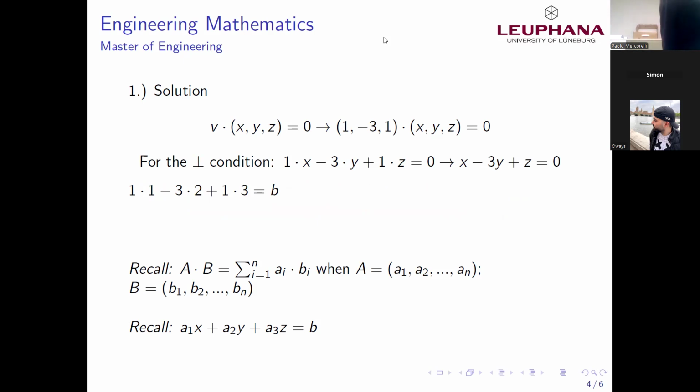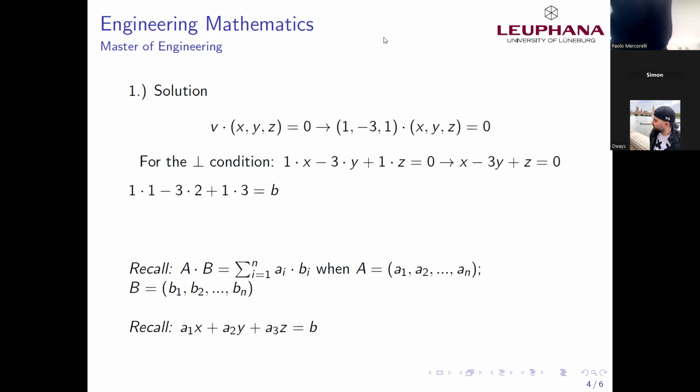What is the meaning of orthogonality between two vectors? V, which we know, multiplied by (x, y, z) equals 0. This is the orthogonality. But (x, y, z) represent the set, not exactly, but at least the room of the plane.